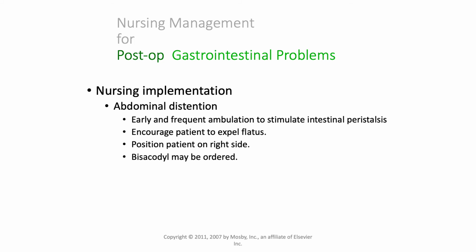So how do we manage anybody with tummy surgery? Abdominal distension that happens with tummy surgery is really uncomfortable. What happens is the gut's trying to start moving again, and so there are some intestinal bacteria that function in the gut and create gas.